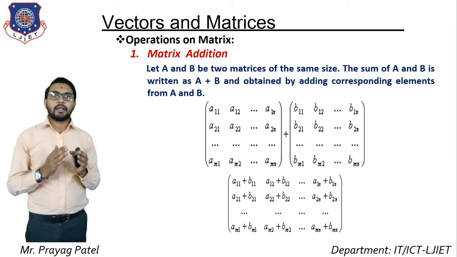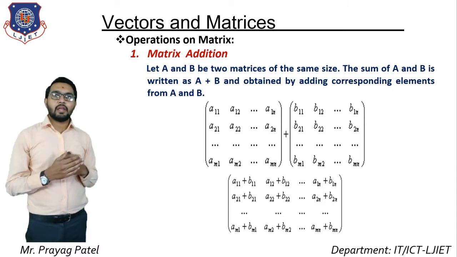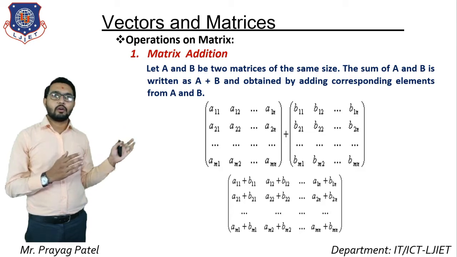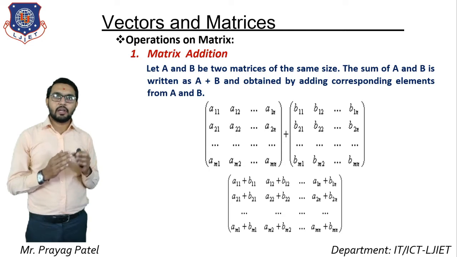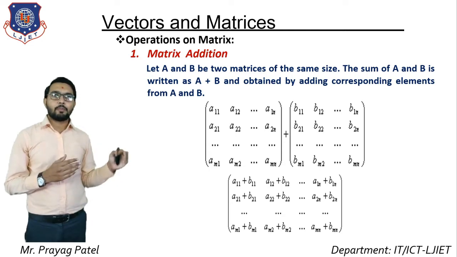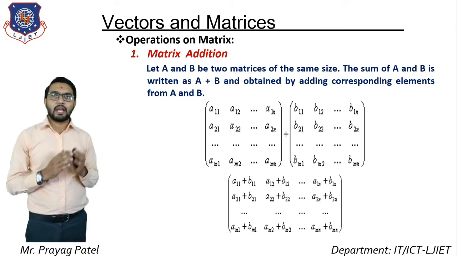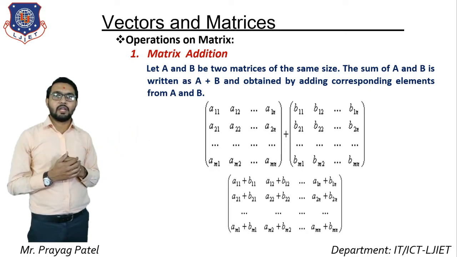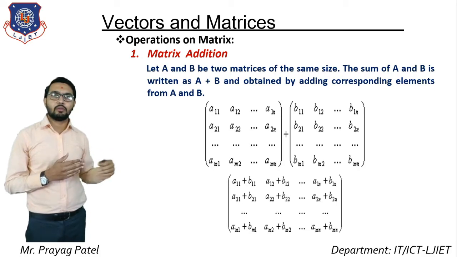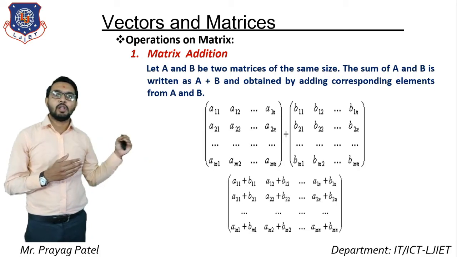The first operation is matrix addition. Let A and B be two matrices of the same size. Then the sum of A and B is written as A plus B and is obtained by the addition of corresponding elements from A and B. So here the first matrix is A11, A12 up to A1n, through the last row AM1 to AMN.